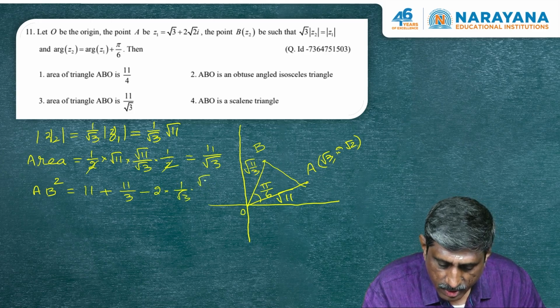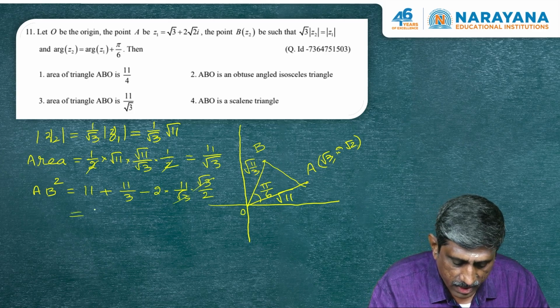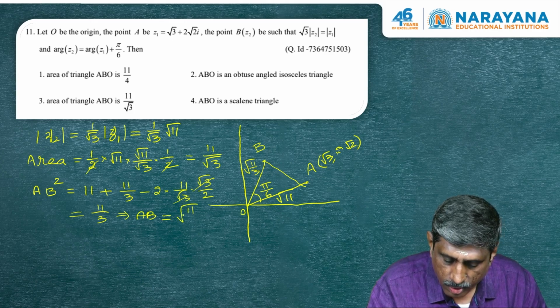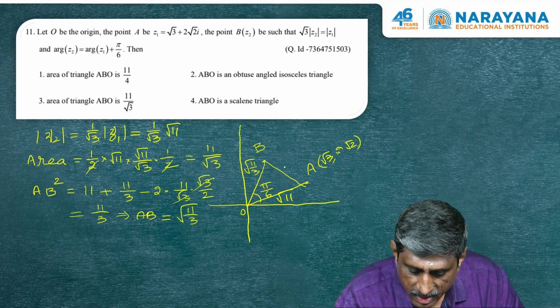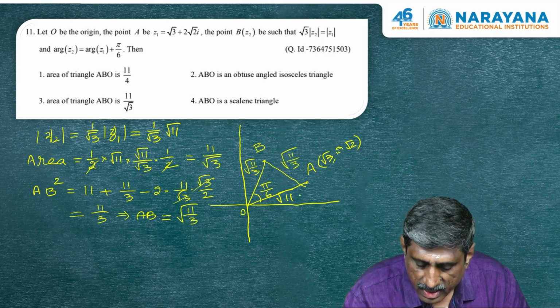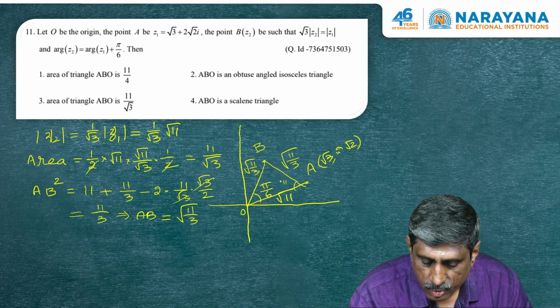On simplification we get the answer as 11 by 3. Therefore, the distance AB is equal to square root of 11 by 3, and this length is also square root of 11 by 3. It is an isosceles triangle, and this angle is pi by 6, this angle is also pi by 6.